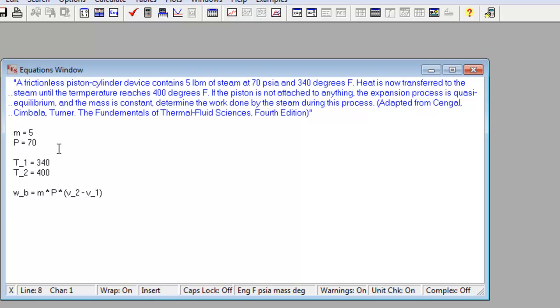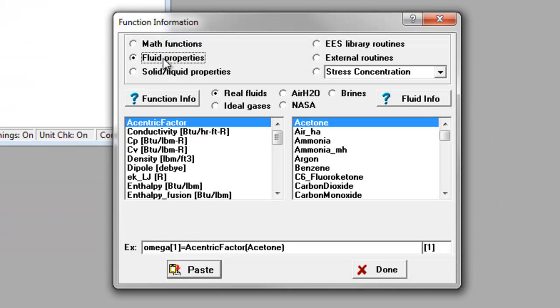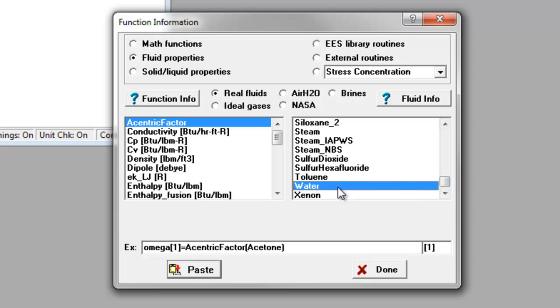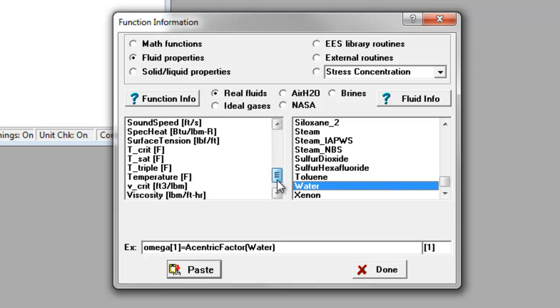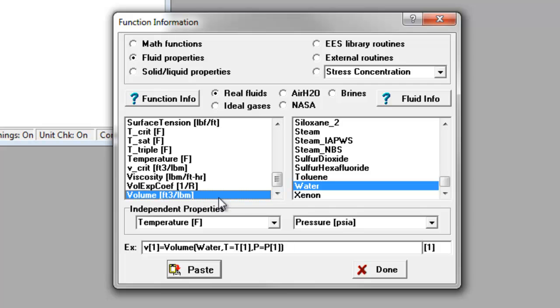So let me go ahead and show you guys how we can use EES to solve for a property given two other properties of the same substance. First thing we do is go up to Options, go into Function Info, Fluid Properties, and you're going to see two columns here. Let's go on the right one and pick out water or steam, and on the left we're going to pick out what value we're looking for. And here we're looking for volume, specifically the specific volume.